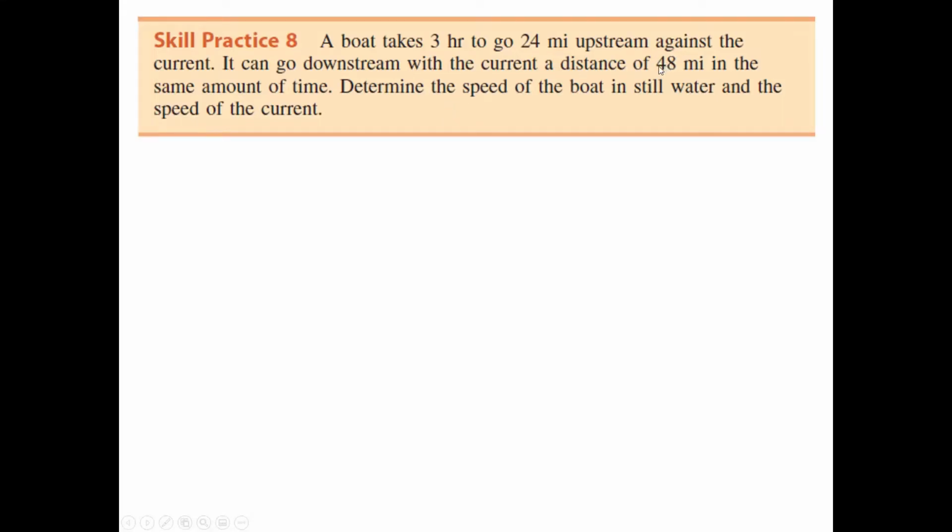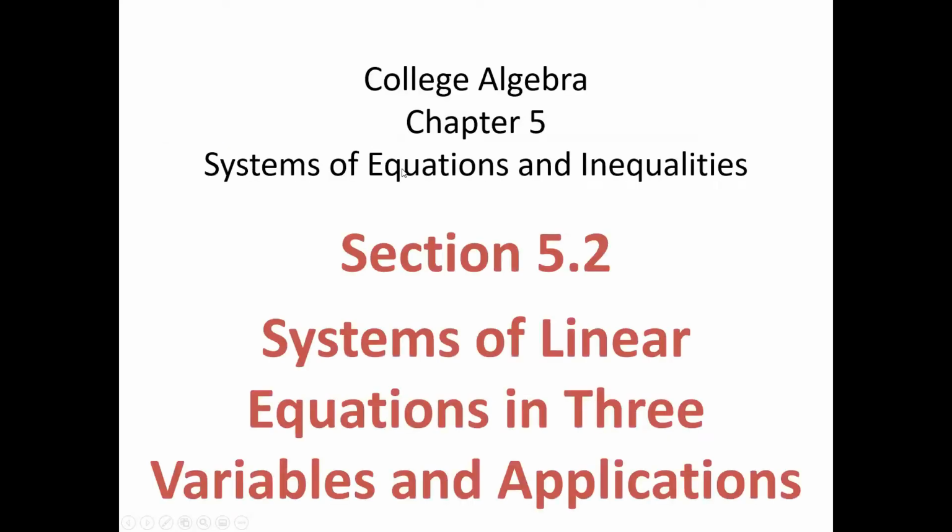You got a 48-mile-an-hour trip, and that's a round trip, okay? Now, it talks about upstream, it gives you a time, and it talks about downstream. Basically, you've got to set it up with both give and take.